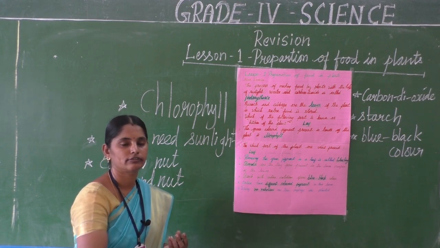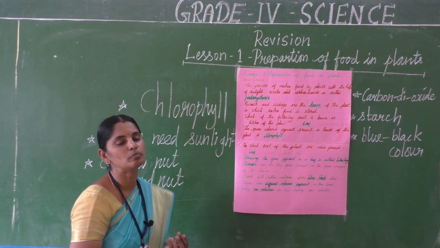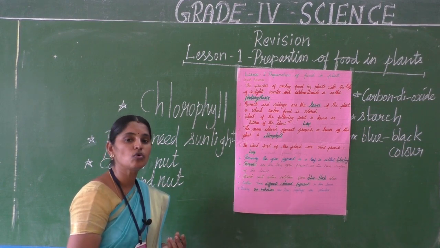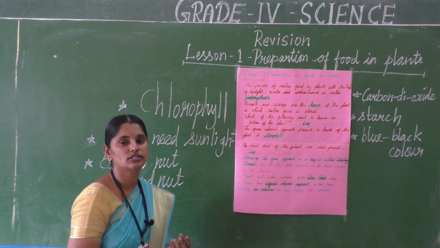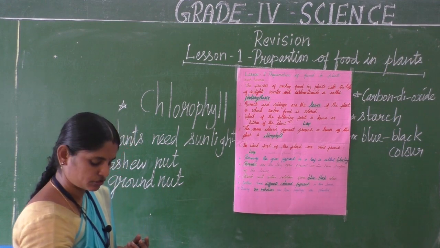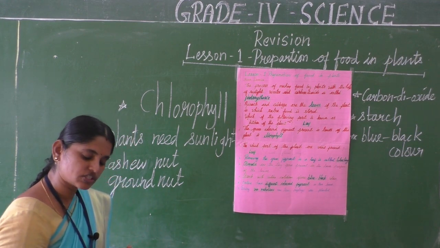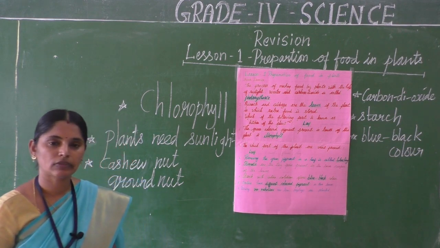Whatever color it may be, it turns blue black. So that indicates the presence of starch in that particular food item. So here the question is, starch gives dash color with iodine, blue black color. Clear children?